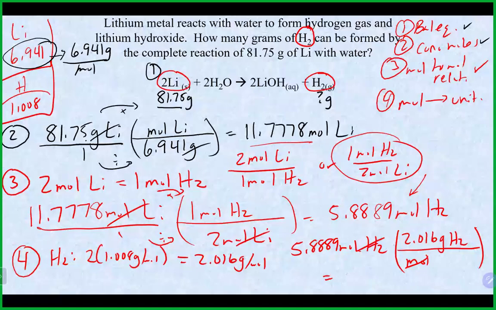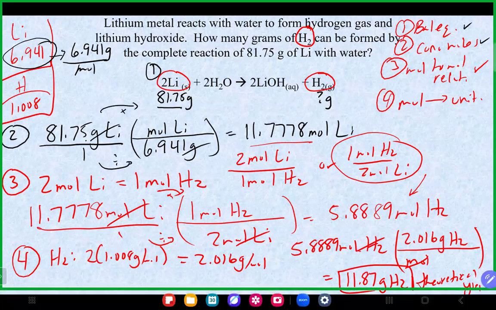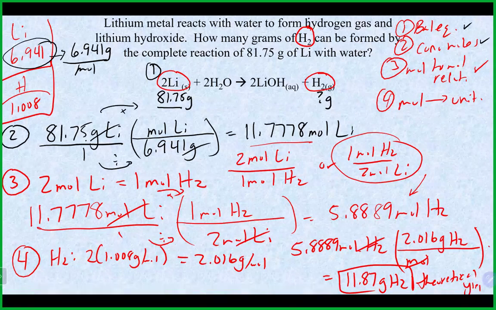And if we do that, we end up with 11.87 grams of H2. This, once again, would be our theoretical yield in grams. And this guy here would be our theoretical yield in moles. And it could be in any type of unit.